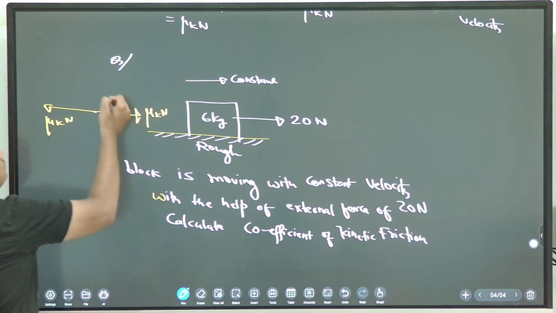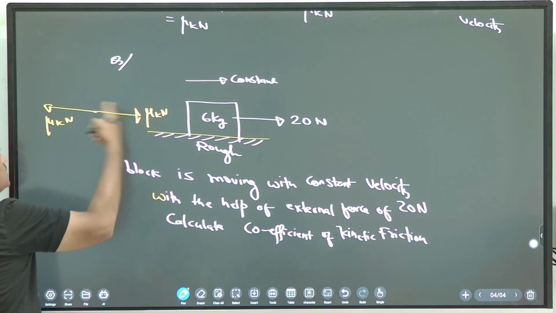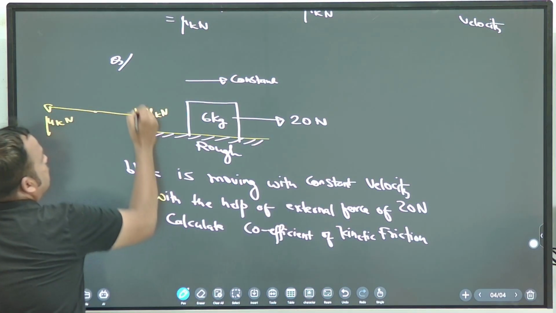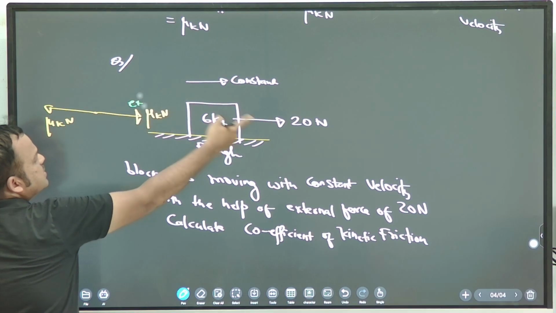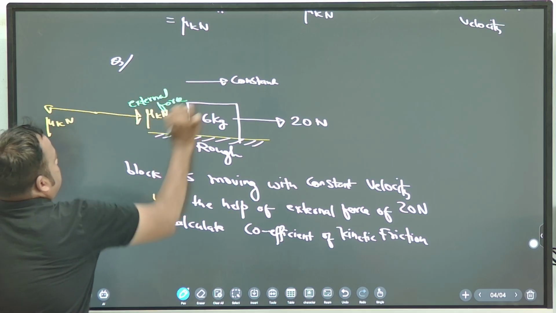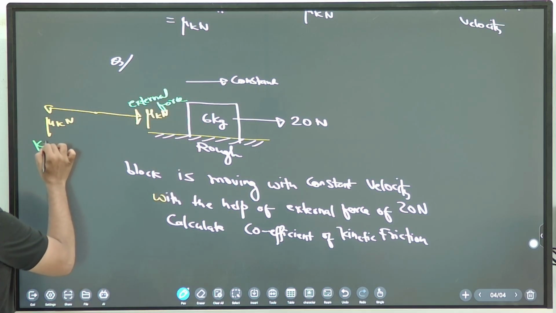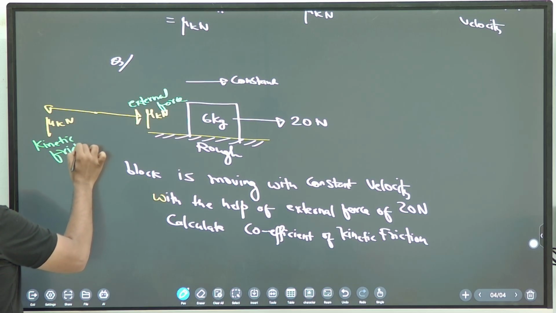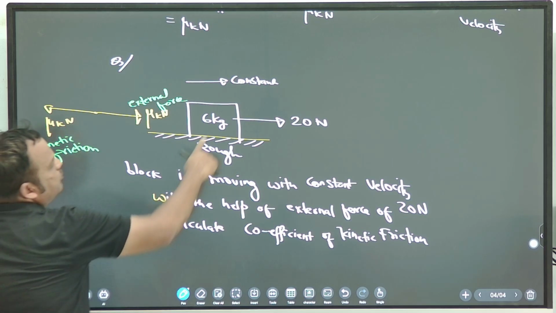Correct? So this is the external force, this is the kinetic friction, and external force is given. So normal value you can calculate.